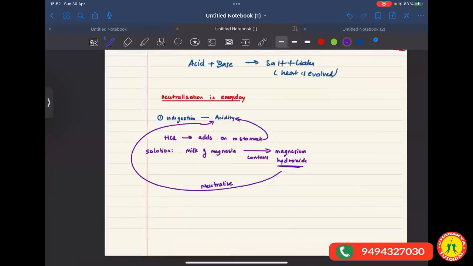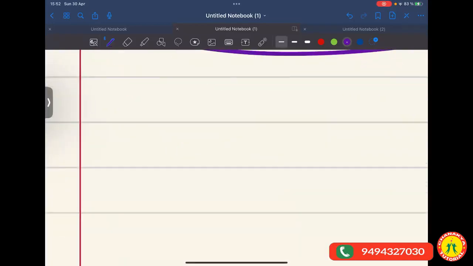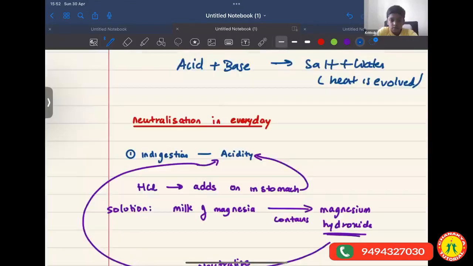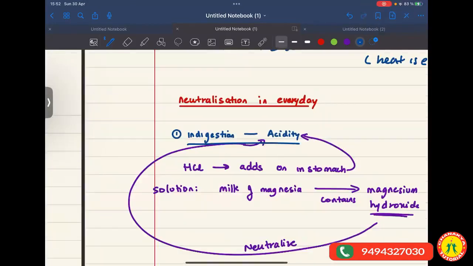Second situation is when an ant bites. So what happens to your hand when an ant bites? Ma'am, it feels itchy. It feels itchy and it will become red in color, right?